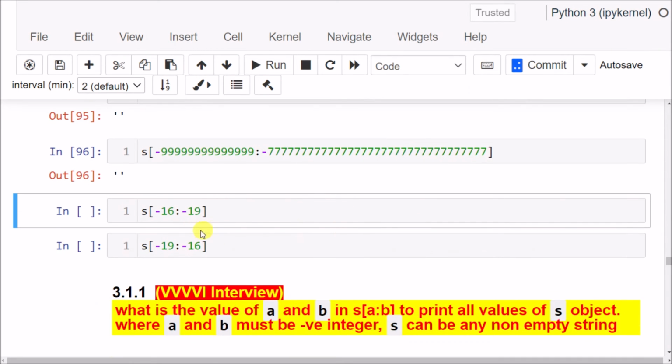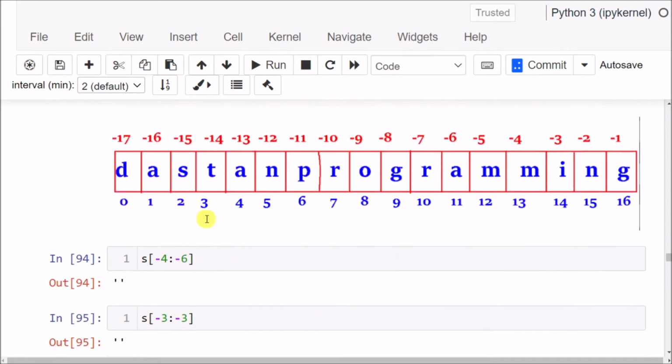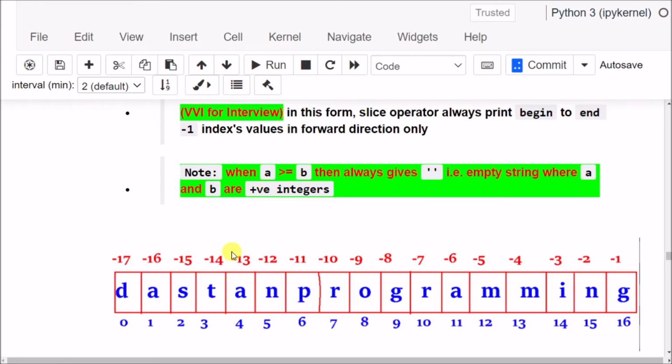And minus 16 is greater than minus 19, returns the empty string. And just try to learn the logic. Means minus 16, we have to move from minus 16 to minus 19, which is not possible. Like from minus 16 and minus 19 is here. Okay. Minus 19 is here, minus 19, minus 18.